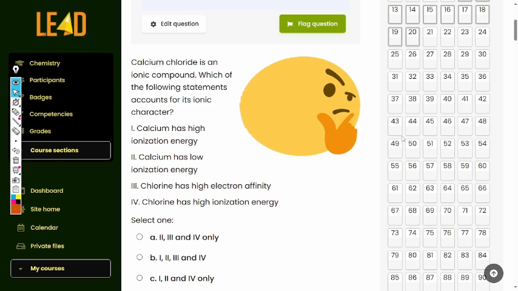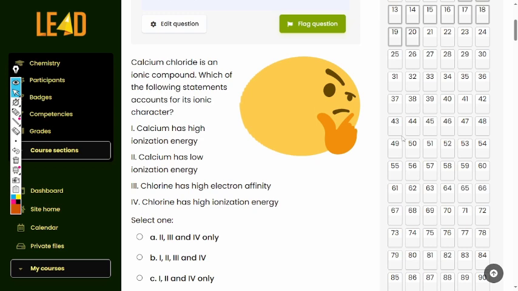So calcium has a low ionization energy. Roman figure 1 is wrong, but 2 is right. And 4 is also right because chlorine is a non-metal with high ionization energy, and that's why it would rather accept electrons than lose them, because it takes a lot of energy to remove the 7 electrons it has outside.